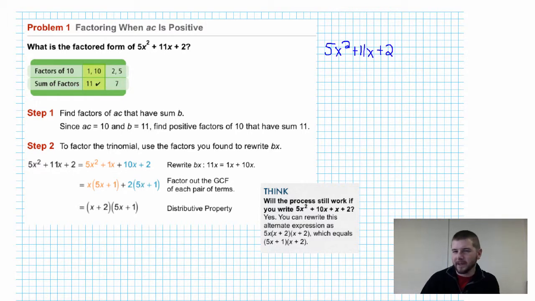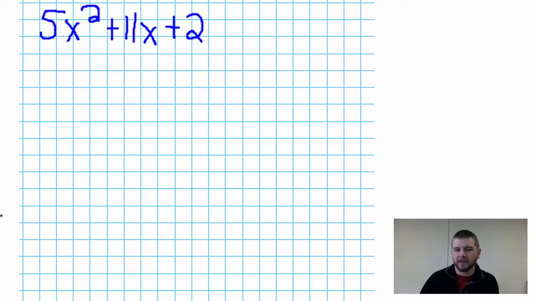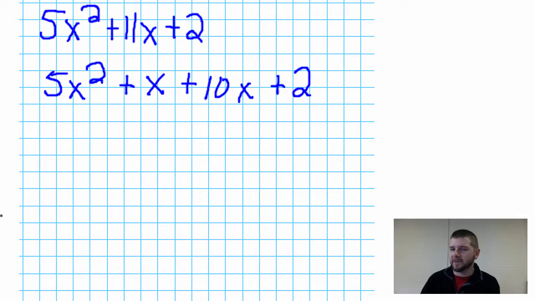So to proceed following this technique, here's how I would work. First, copy the problem. The trinomial is written here. Then, having considered those factors of 10 and finding the two whose sum is 11, proceed by writing this. Alright, keep in mind all that I've done is split the 11x into two terms, x plus 10x, and now group. Consider the greatest common factor of each of these binomials.